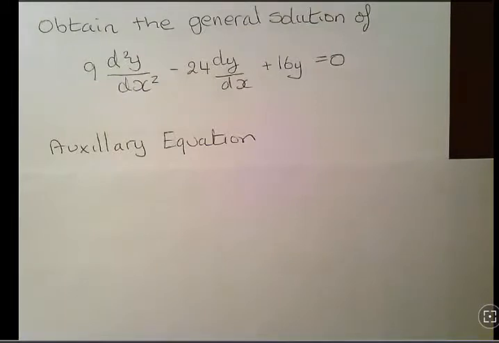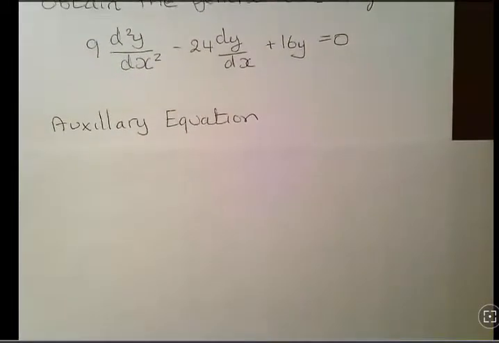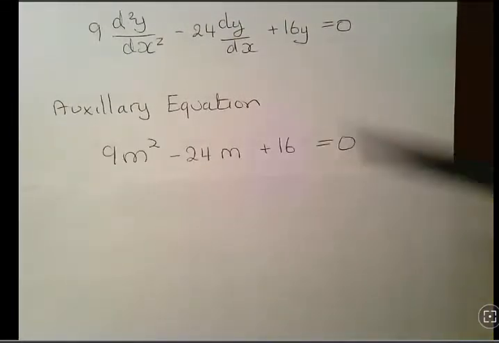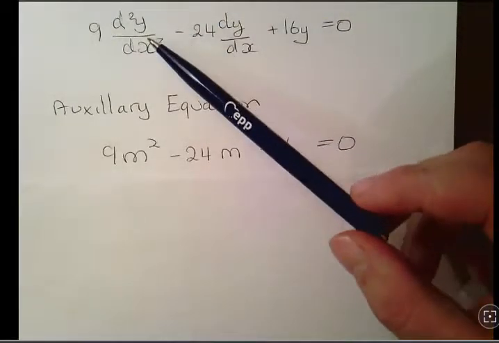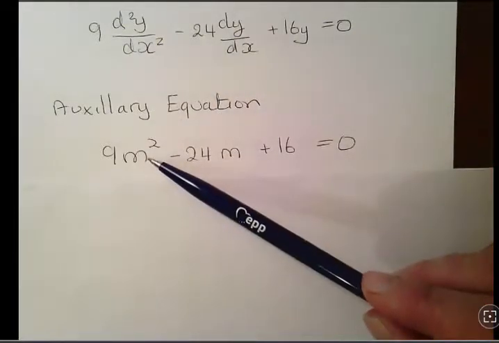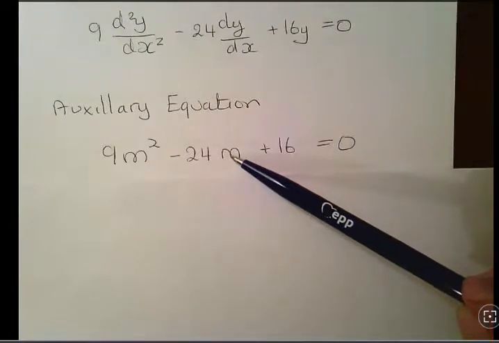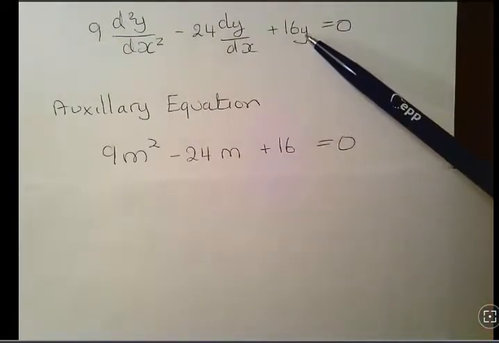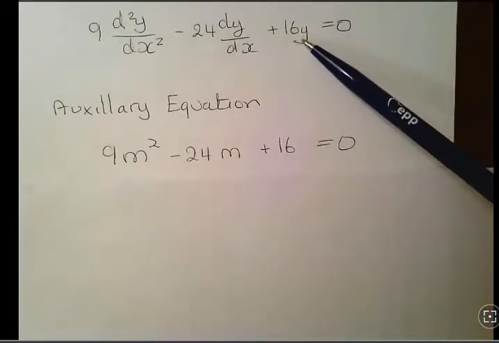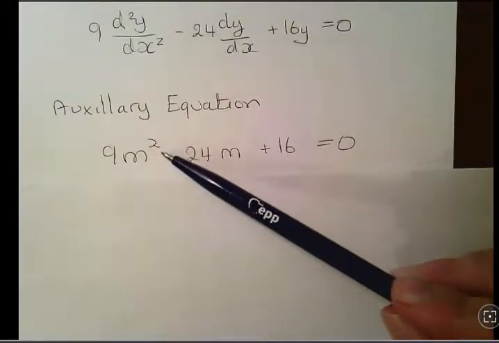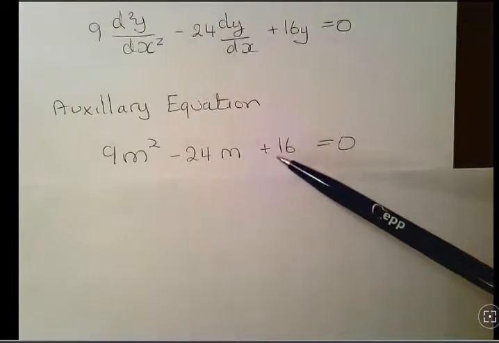What we're going to do here is write a corresponding equation called the auxiliary equation. For second order expressions, we substitute in m squared; for first order, m, and just take out the coefficient. So we have 9m squared minus 24m plus 16 equals 0.